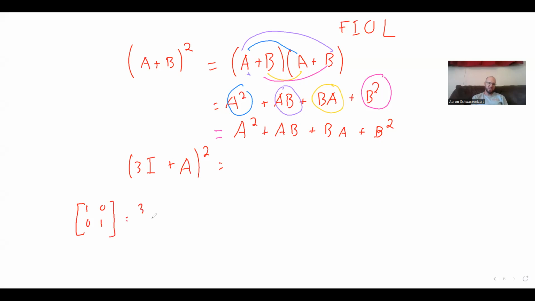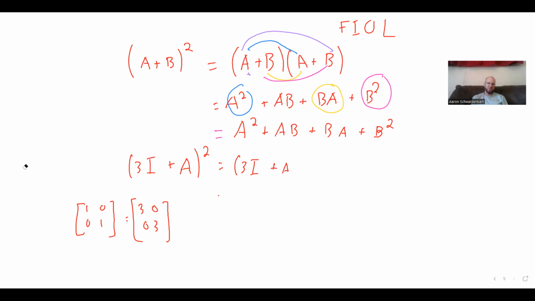So 3I is actually not this, and the identity times the identity stays as I. But this does not. So again, I'm going to FOIL here because 3I is not the identity matrix. Oops, like that. So, no, I wrote that wrong.